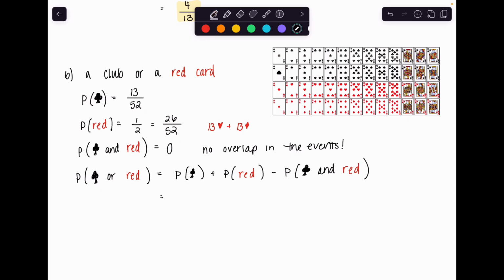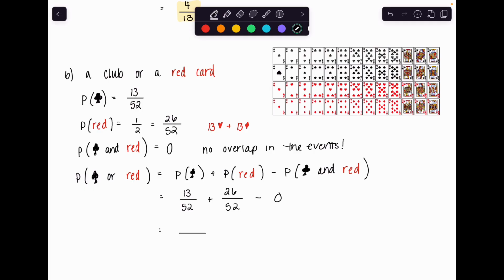So in this case, we have 13 over 52 plus 26 over 52, and then minus absolutely nothing. So that and event did nothing at all.